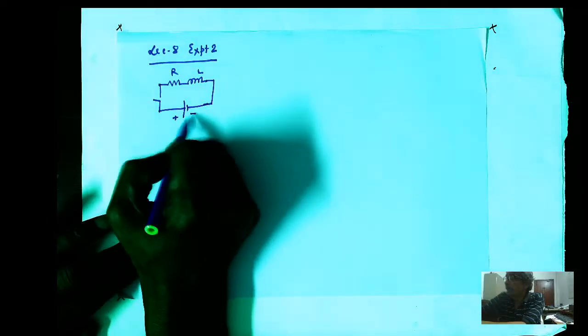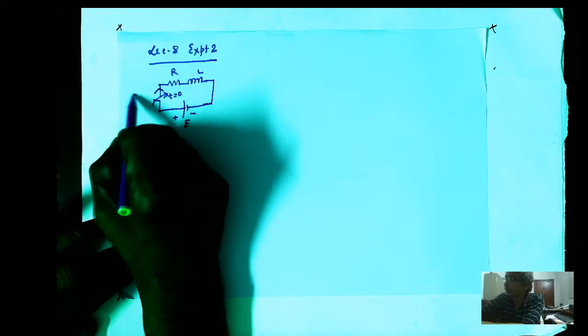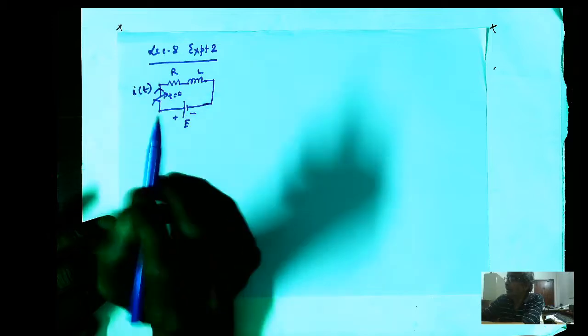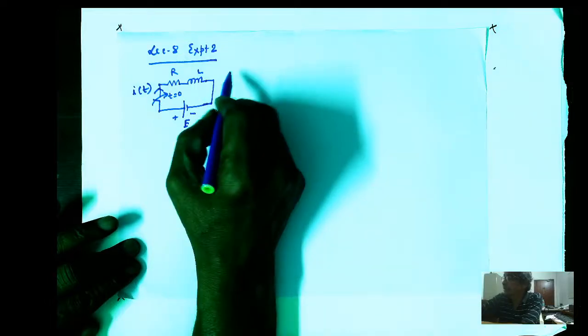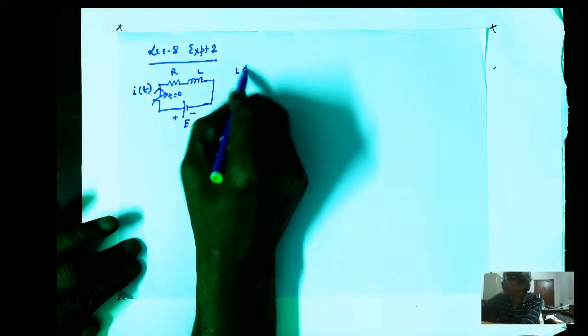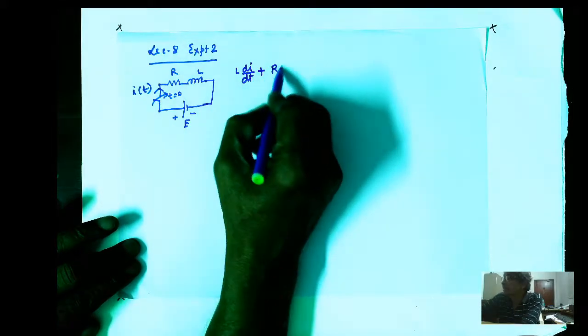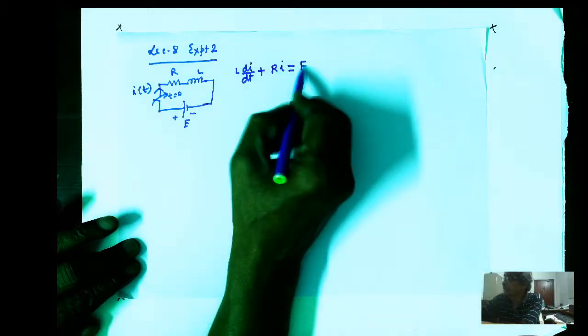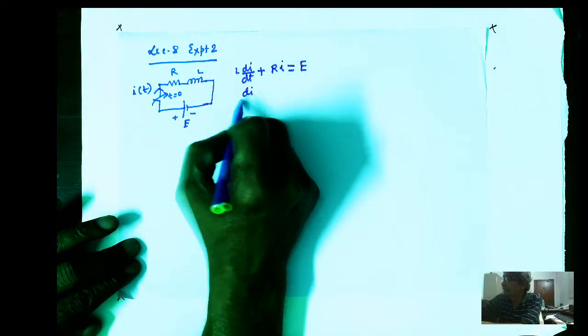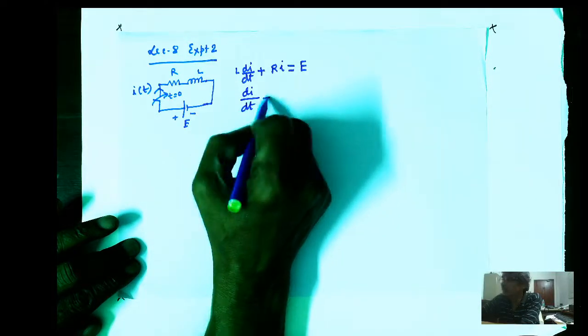voltage E, and the switch is closed at t equal to 0, and we have to find out the current in the circuit. I assumed the direction of the current in this fashion, and then I wrote down the KVL equation as L di/dt plus Ri is equal to E. Then I just normalized this coefficient to 1, which is not necessary.